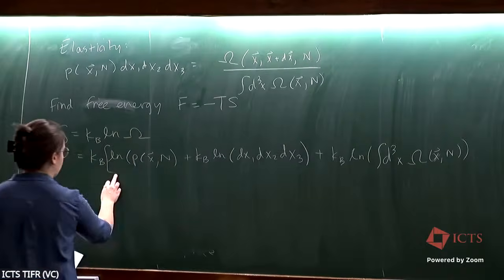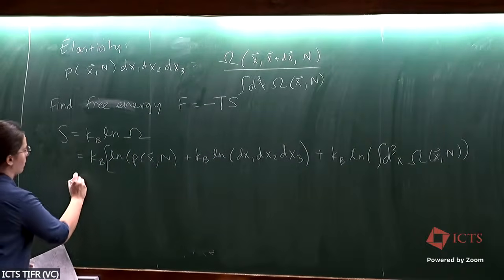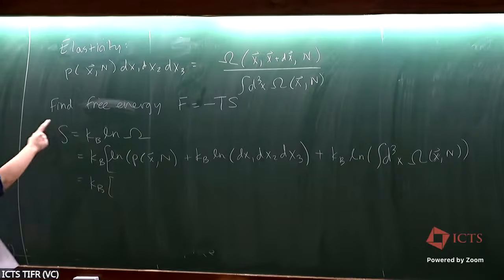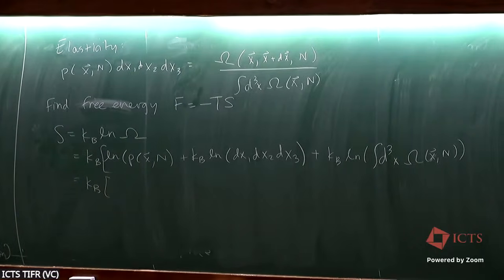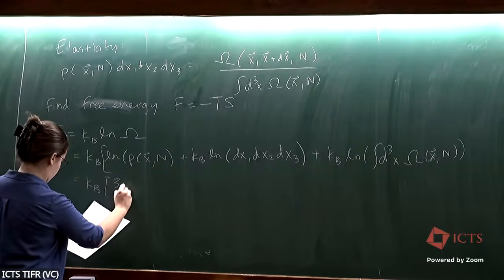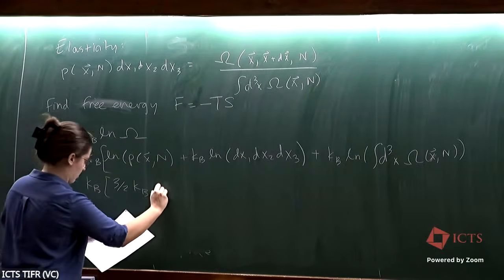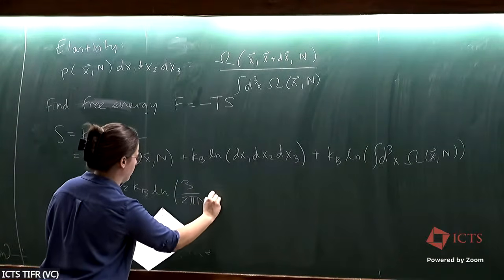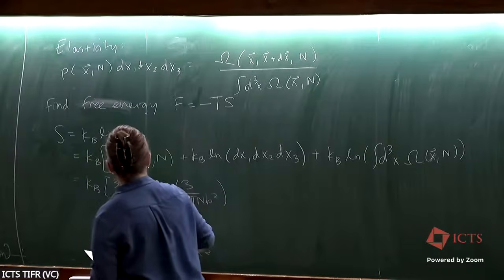Actually, I'll do one more thing first. I will take the natural log of my probability distribution from over here. And I will get a term that is 3/2 k_B log 3 over 2 pi n b squared.